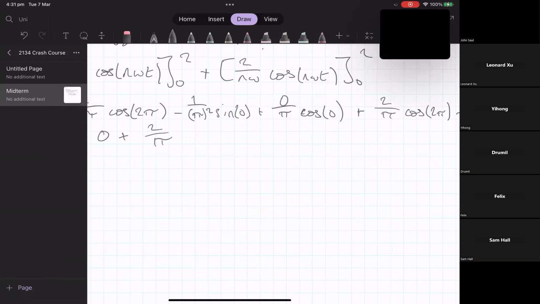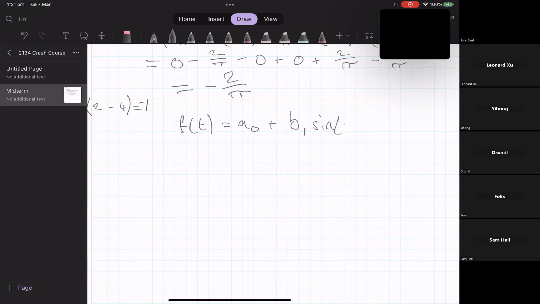So f of t is equal to a0 plus, and we'll ignore the sum because we're just doing b1 sine of, and that is... I guess we can sub pi t there if we wanted as well.